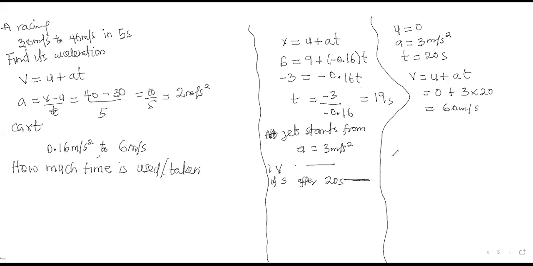Equations 2 and 3 involve distance covered, so once we have found the final velocity, we can use either equation 2 or 3 to find the distance traveled.